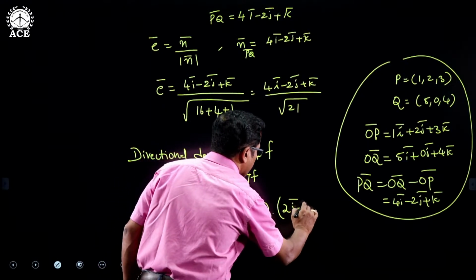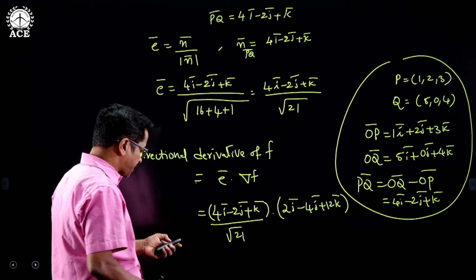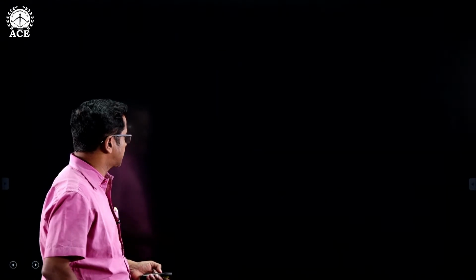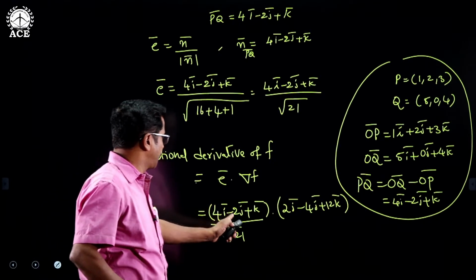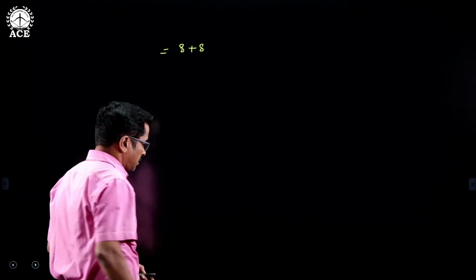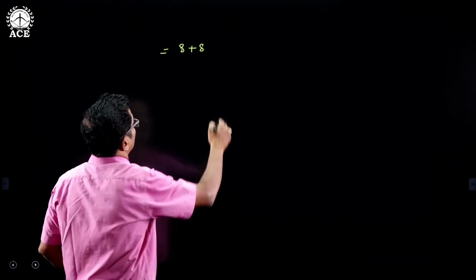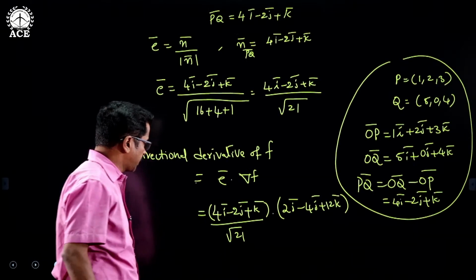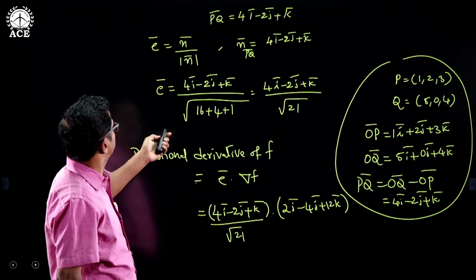Now apply the dot product. So 4i bar dot 2i bar equals 8.